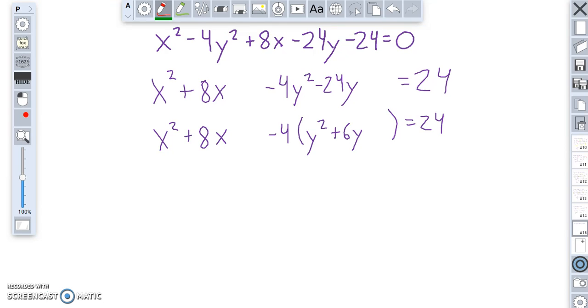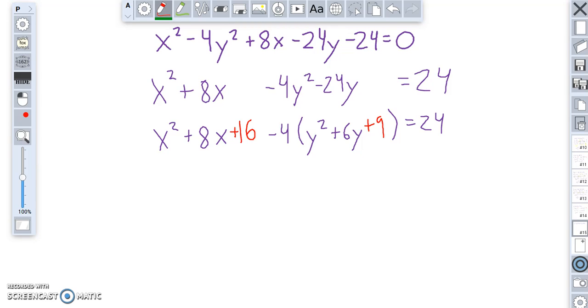The magic number here is going to be: half of 8 is 4. Square that, I get 16. I'm so tired of these, I'm starting to get distracted halfway through the problem. Half of 6 is 3. I square that, I get 9.